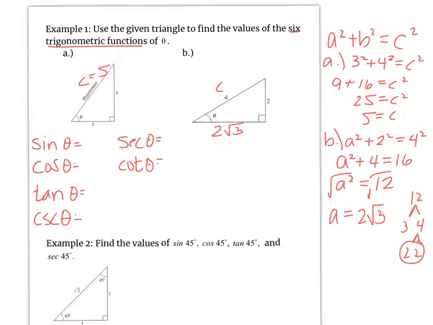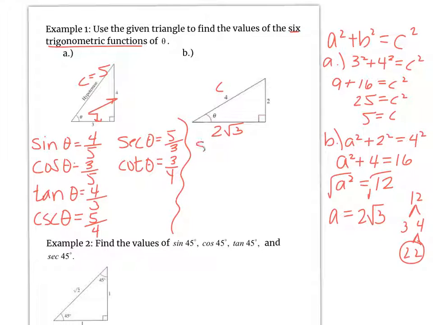Sine is opposite over hypotenuse, 4 over 5. Cosine, adjacent over hypotenuse. Tangent, opposite over adjacent. Cosecant is the reciprocal of sine. Secant, the reciprocal of cosine. And cotangent, the reciprocal of tangent. Those are our 6 trig functions there.